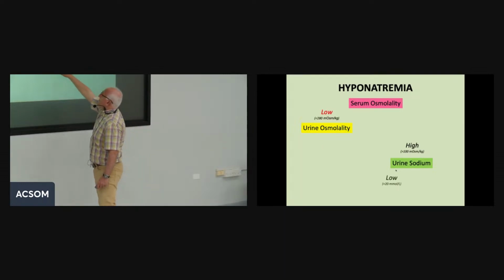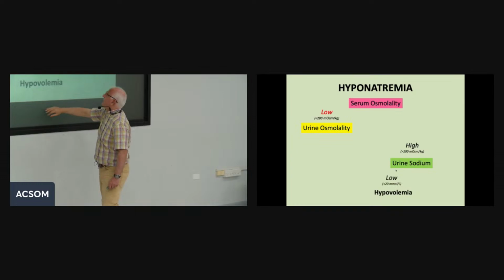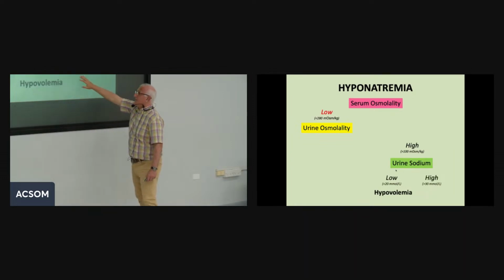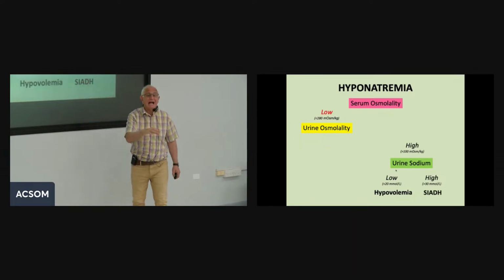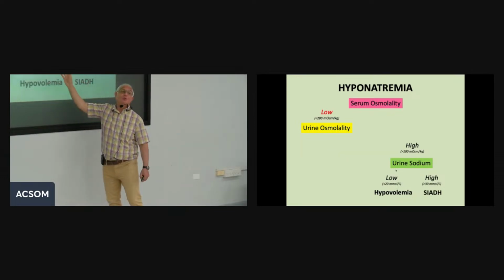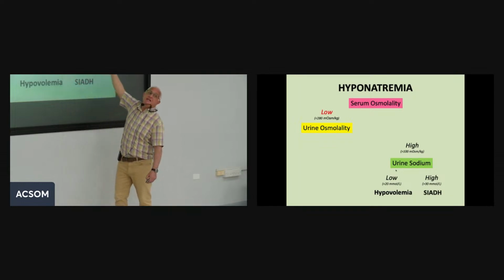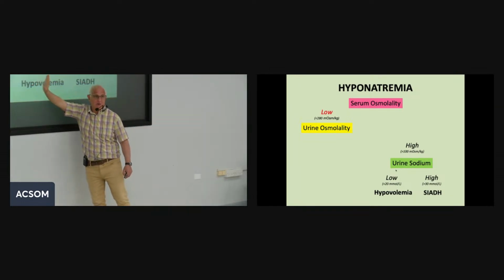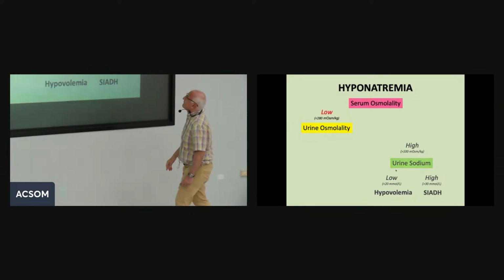So you check urine sodium. Urine sodium is low, it is hypovolemia, and urine sodium is high, around 20, 30, whatever you go, it would be SIADH. Okay. They don't give you in the labs numbers that are close to 25, nobody gives you. 80, 90, or less than 10. Right? They make it very clear.